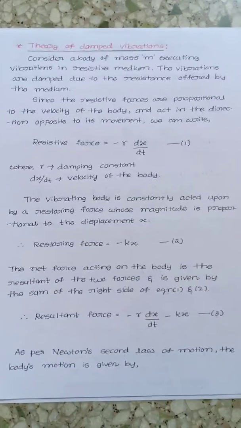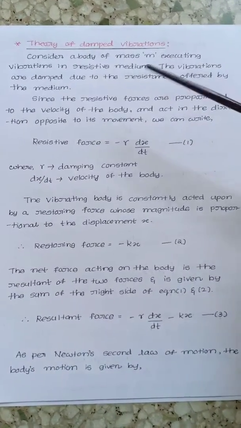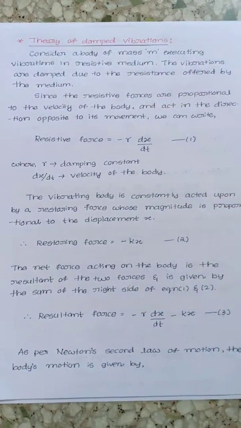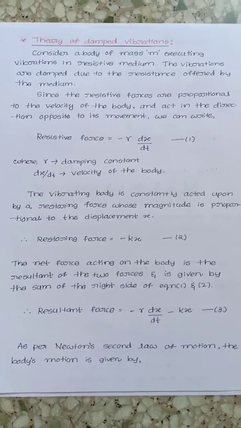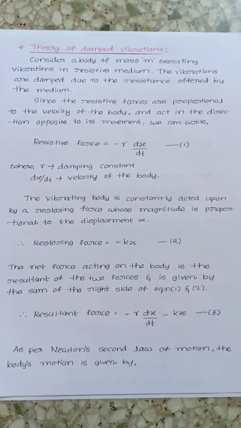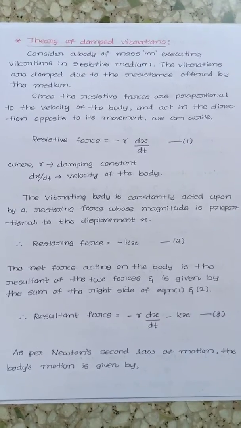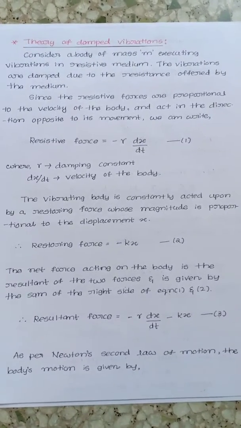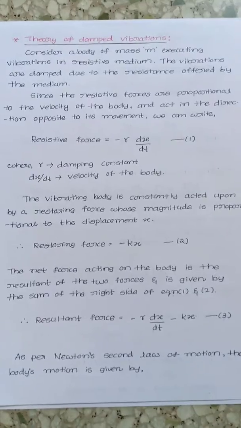Okay. So here let us first consider a body of mass m executing vibration in a resistive medium. Here the vibrations are damped due to the resistance offered by the medium.